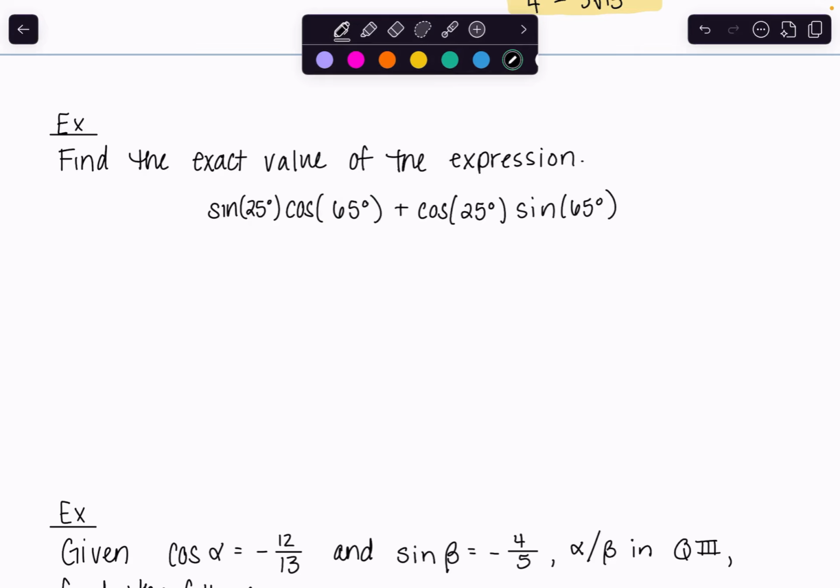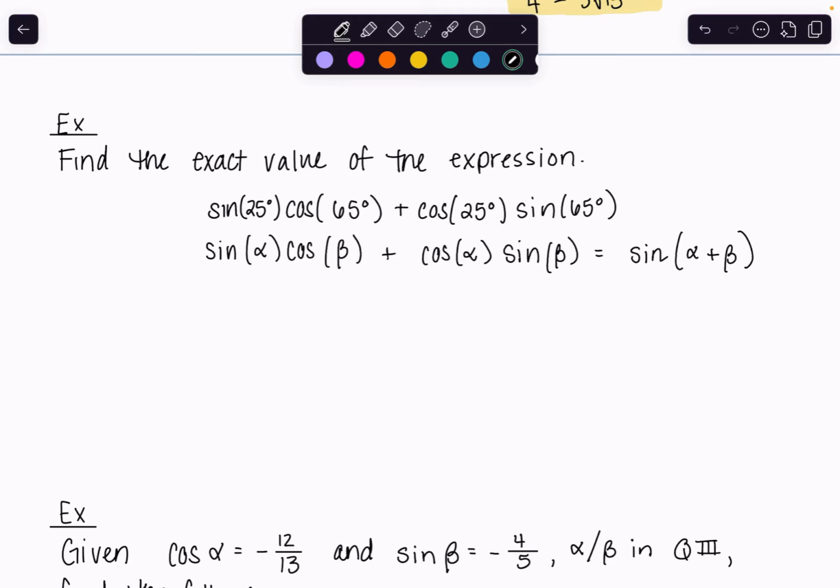So connecting this to my formula, this I can call sine alpha, so that means this is cosine alpha. 65 I can call my beta, so this would be cosine of beta, and this would be sine of beta. So when I'm adding these and it's the opposite functions being multiplied, that's exactly going to condense with sine. And then I'm taking the sum, so the sine stays the same.